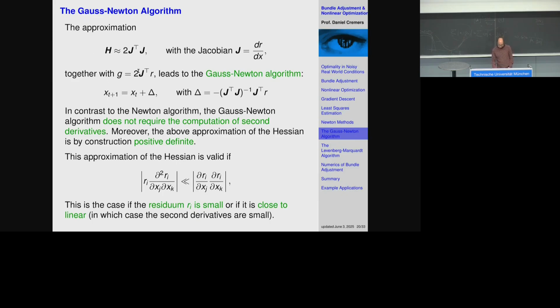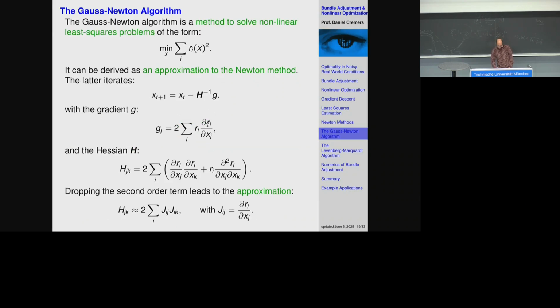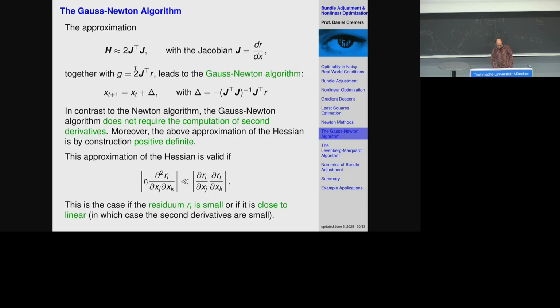And then, if you look at what was the gradient of our loss, you see it here, this is J transpose R. So J transpose R was the gradient of our loss function.